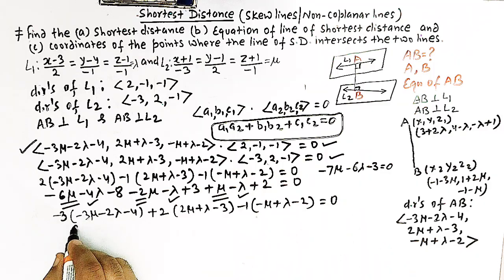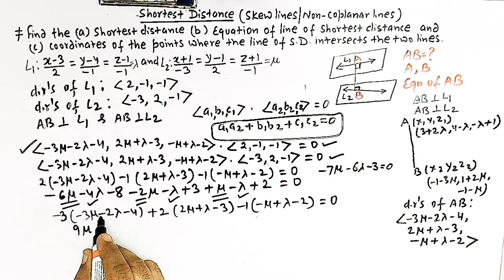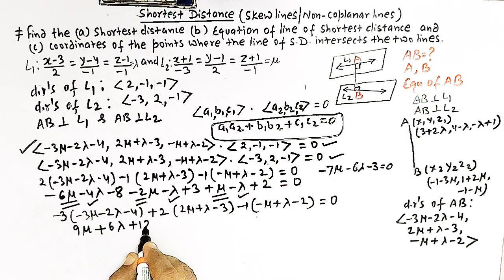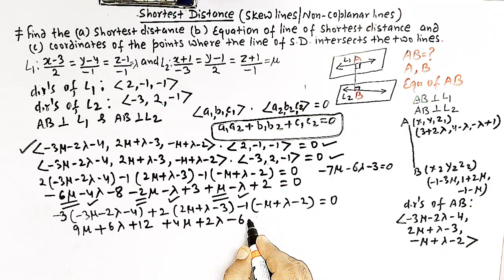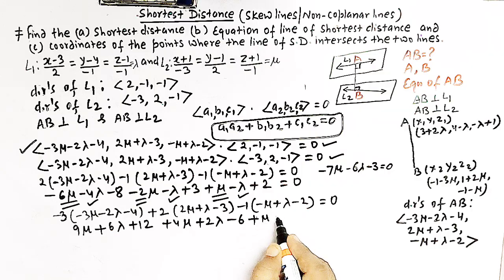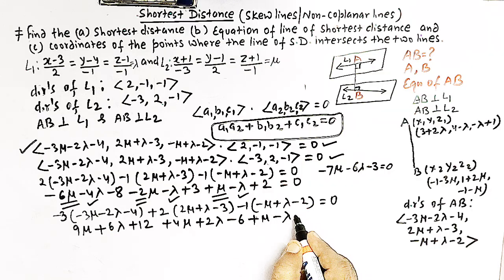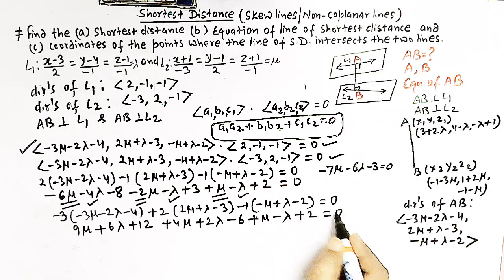So from here we have 9 mu, and here we have plus 6 lambda, then we have 12, here we have 4 mu, then we have 2 lambda minus 6, and here we have plus mu minus lambda and plus 2 is equal to 0.